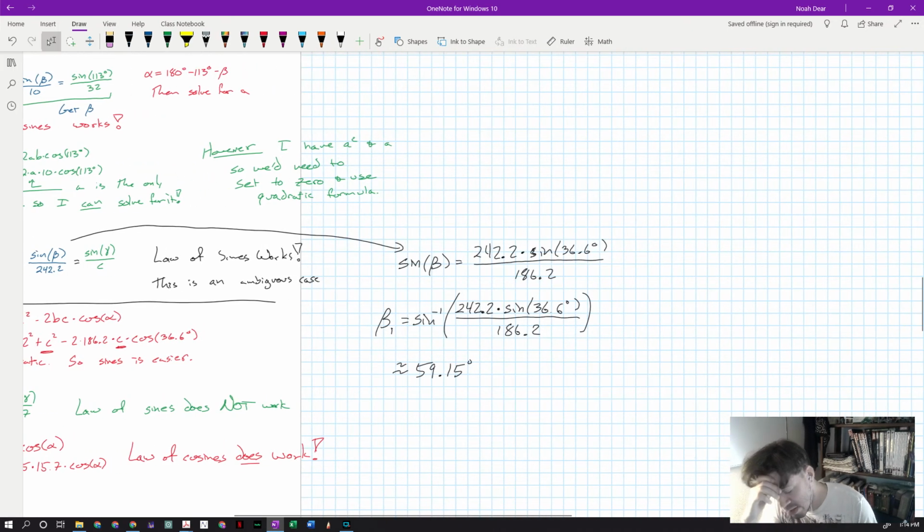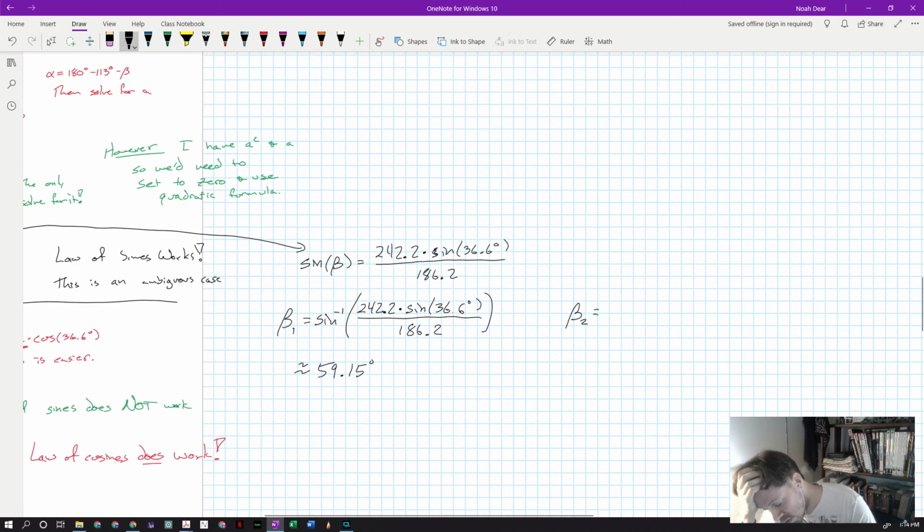But anytime we're in this situation where I have sine of an angle equals a number, and we're wanting that number to be between 0 and 180 degrees for a triangle, then there's also going to be B2 equals 180 degrees minus the sine inverse of the same thing as before, 180 minus the one that we just did, 242.2 times sine of 36.6 degrees over 186.2.